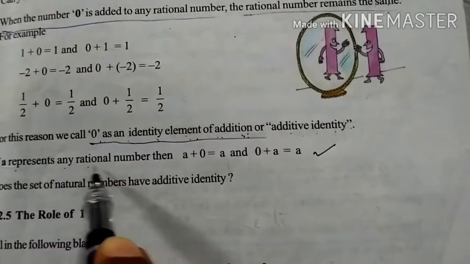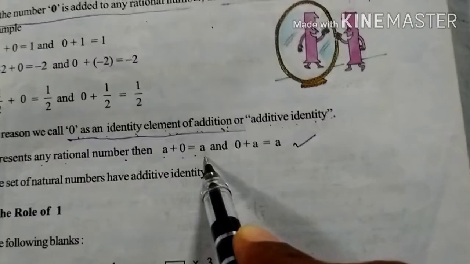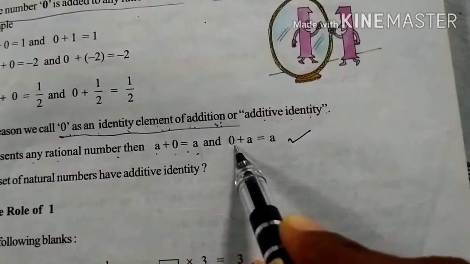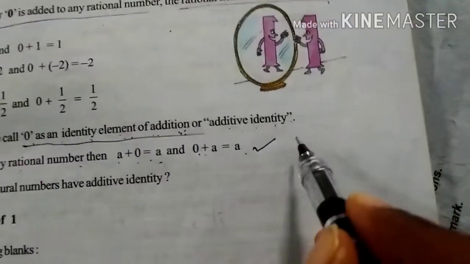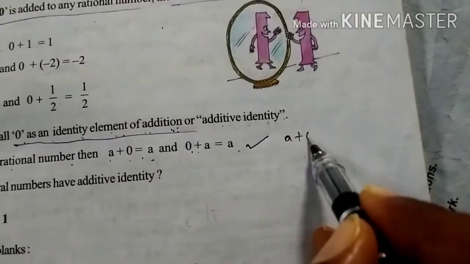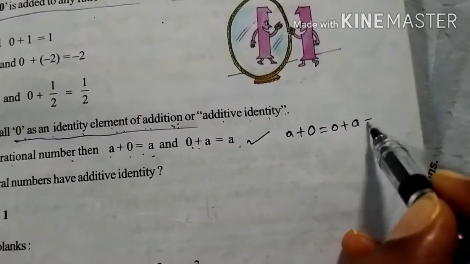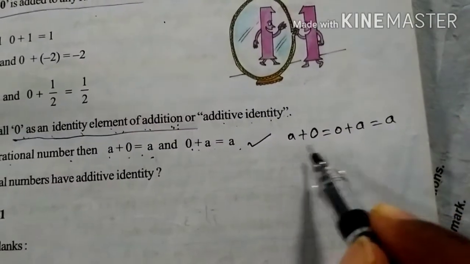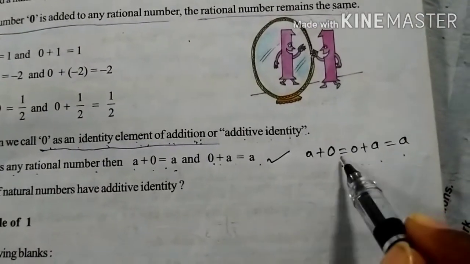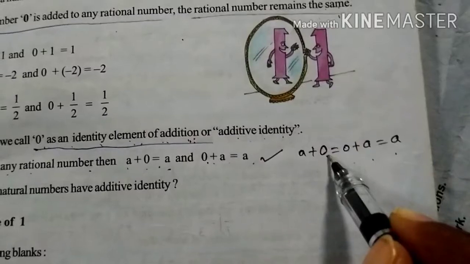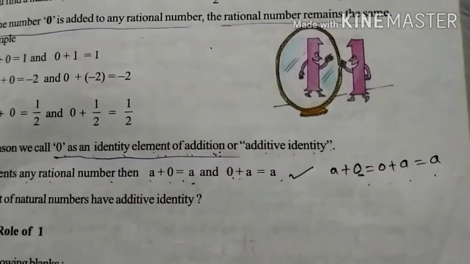If a represents any rational number, then a plus 0 is equal to a, or 0 plus a is equal to a. We can write a plus 0 is equal to 0 plus a is equal to a only. Why is 0 called the additive identity? You can remember here additive identity.